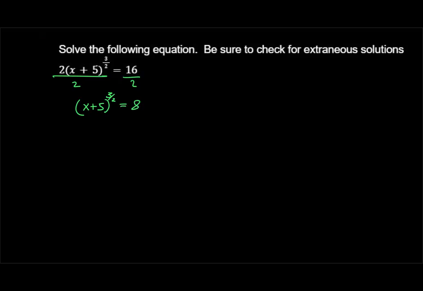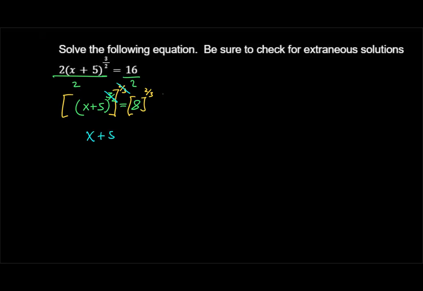equals 8. Now to get rid of the rational exponent, we're going to raise both sides to its reciprocal power. So the reciprocal of 3 over 2 is 2 over 3. So we're going to raise both sides to the 2/3 power. On the left side, the exponents are going to cancel out, leaving us with x plus 5.